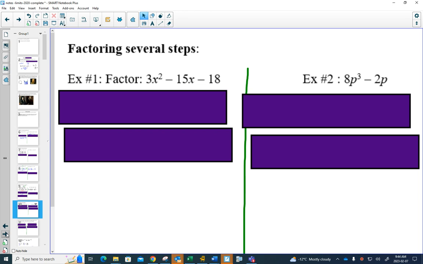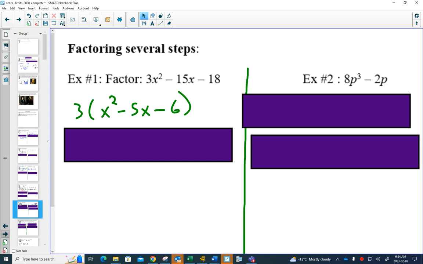Always look for a common factor first. Because if you start to factor this with 2 brackets right away, it's doable, but it's not easy because of that 3x squared. But if you notice, hey, there's a 3 in common, I can take that out first. That's so much better.